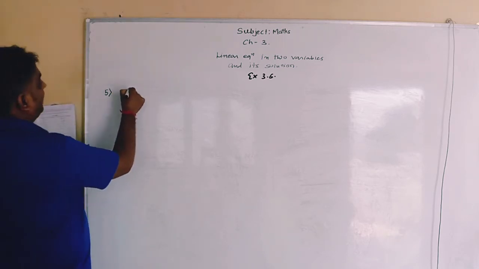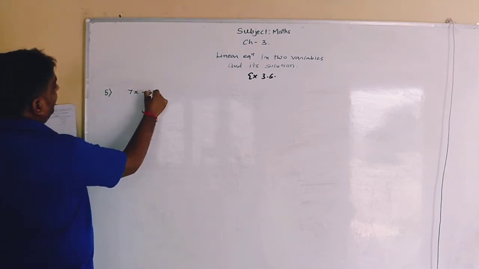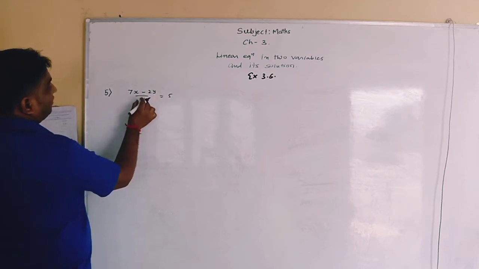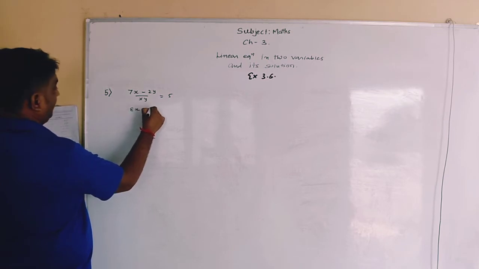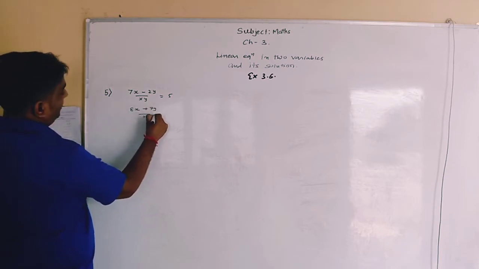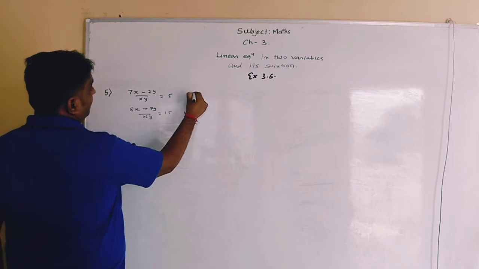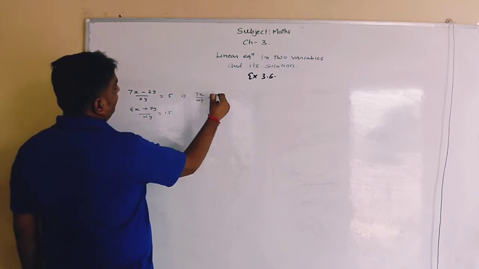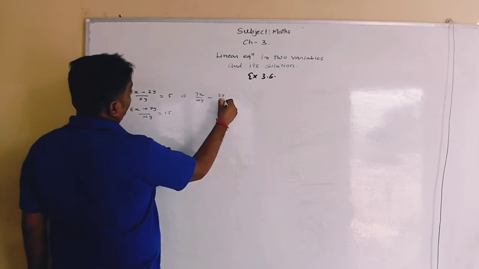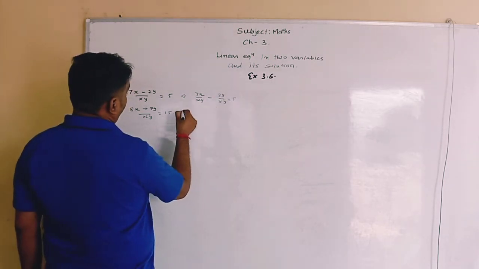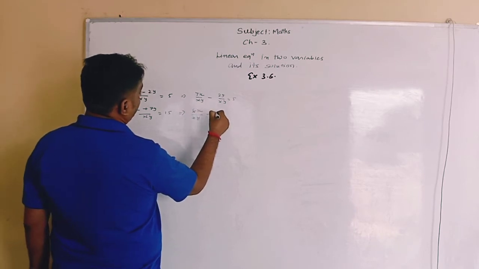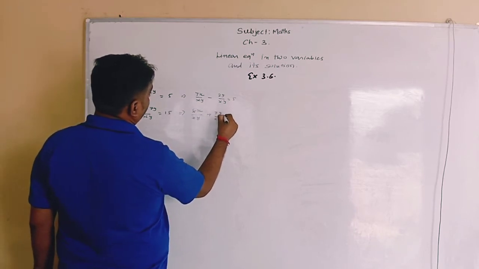Fifth question we have 7x minus 2y by xy equals 5, and here 8x plus 7y by xy equals 15. So we write the separate denominators, then 7x by xy minus 2y by xy equals 5, and here 8x by xy plus 7y by xy equals 15.